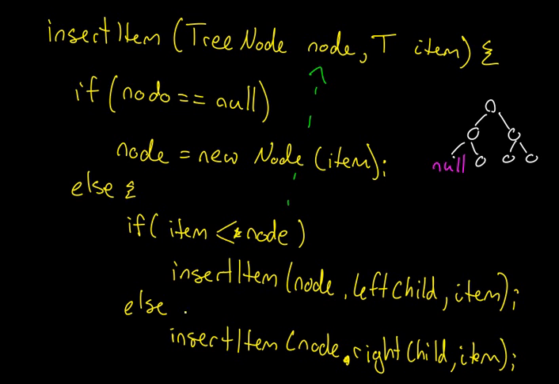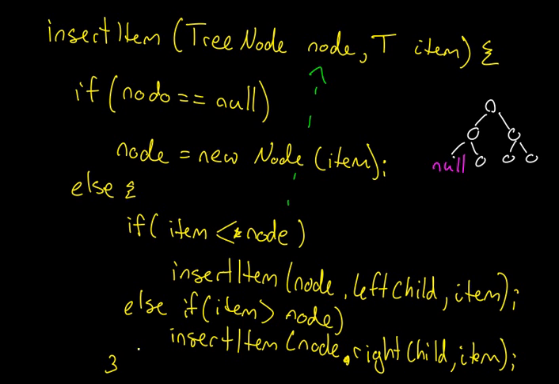So let's say you wanted to ensure that there are no duplicates. Well, you would simply say this. And then there's no if statement for when they're equal to, meaning that if they're equal, nothing happens. And that's pretty much the code for adding a new item into a tree.